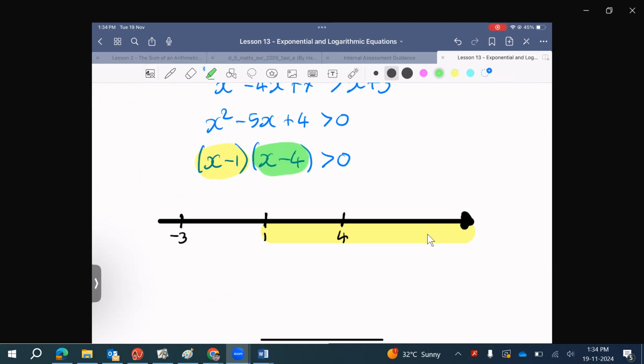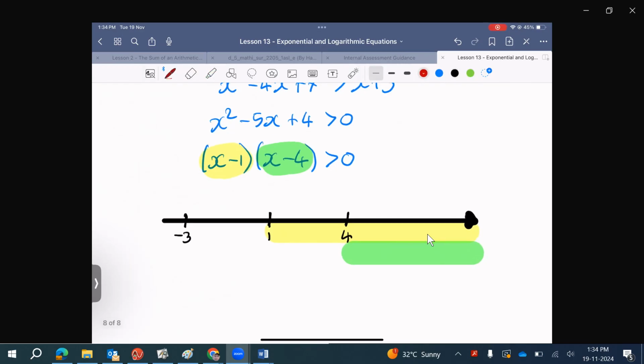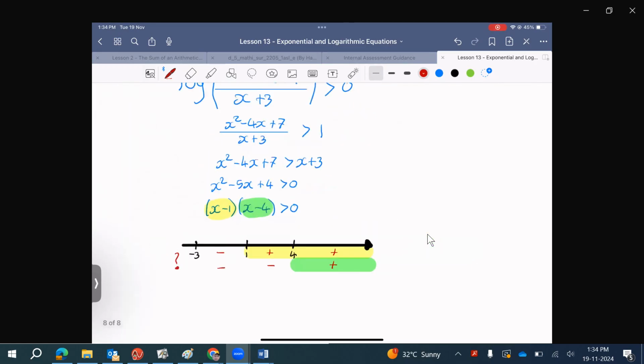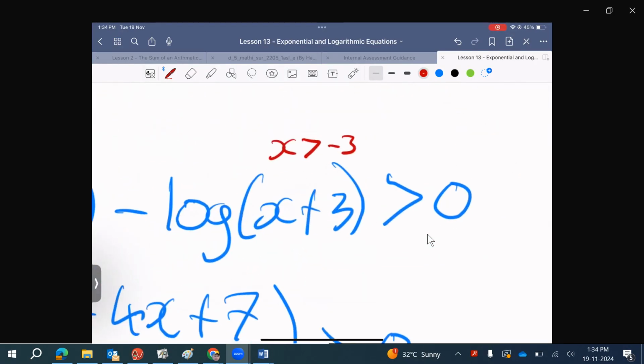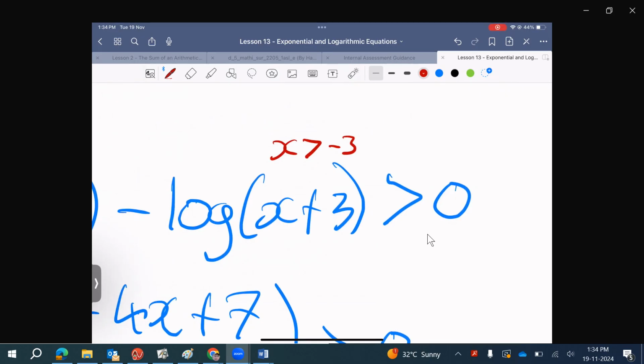This term will be positive here. So the function will be positive, the terms will be positive there and there and there, and here they will be negative, and here they will not be defined. These terms are not going to be defined due to this in the domain.